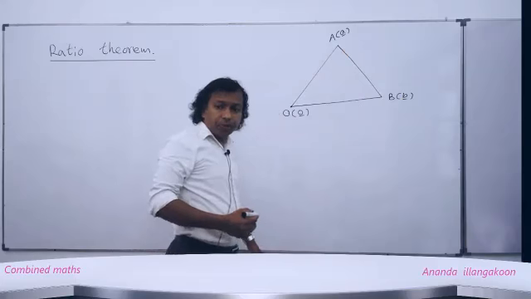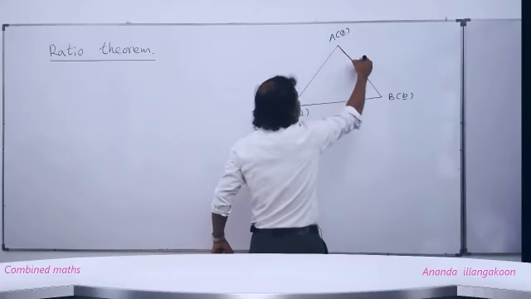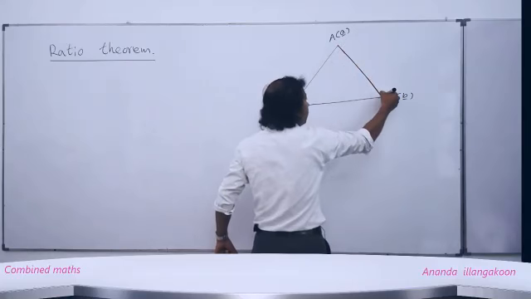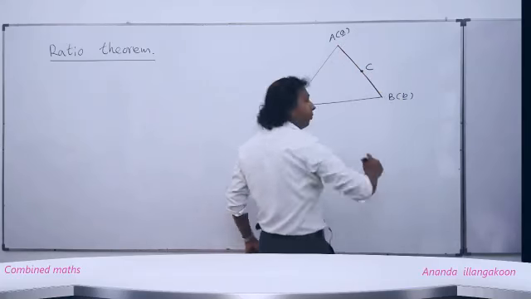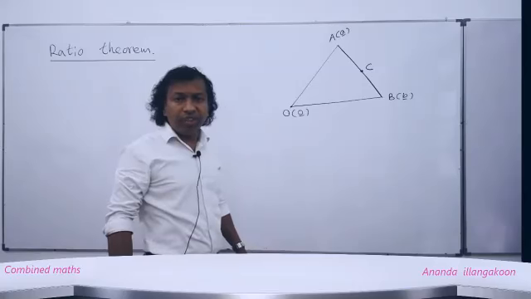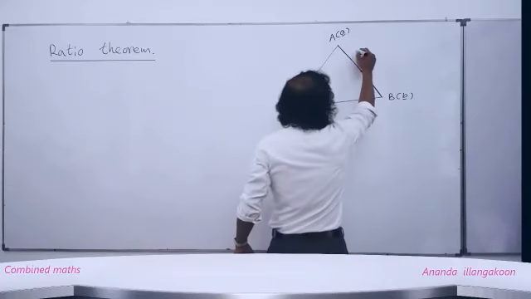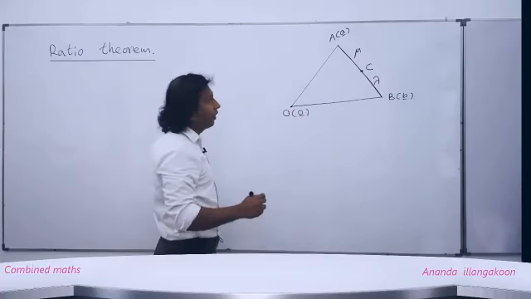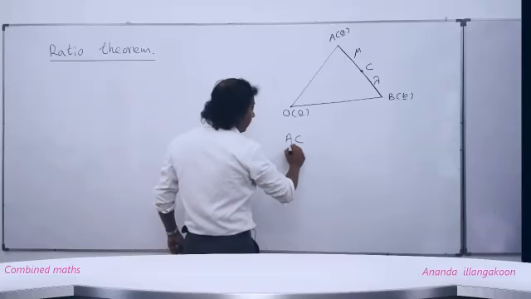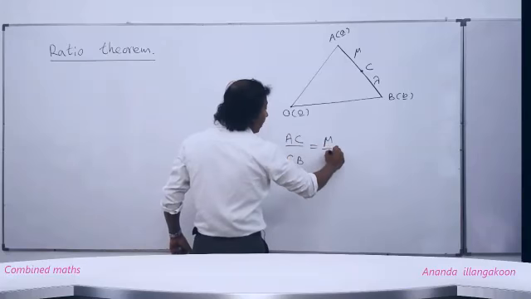Now, suppose, people, on this line AB, we have a point C in between A and B. That point C divides this AB line in the ratio, suppose mu is to lambda. You know the meaning of ratio. AC divided by CB, we get mu by lambda.